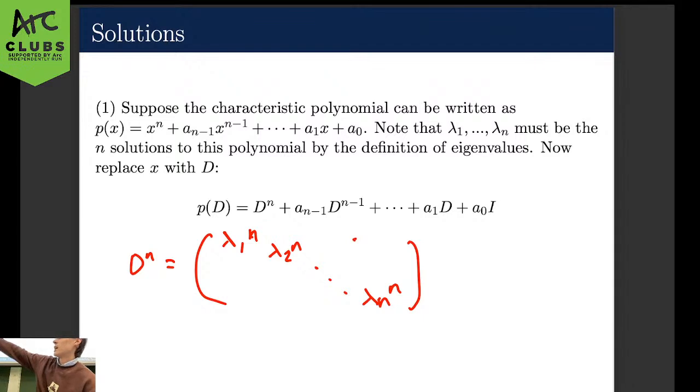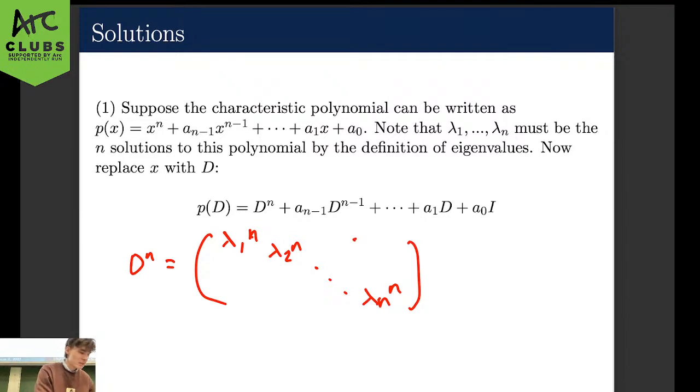And these are the diagonal entries. Every other entry in the matrix should be 0. I'm just not going to write them out fully. You can see that this is true for all the powers of D, and if I multiply by some constant, that constant just goes into each diagonal term.